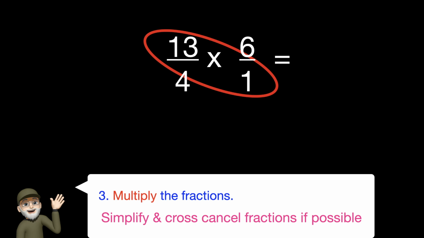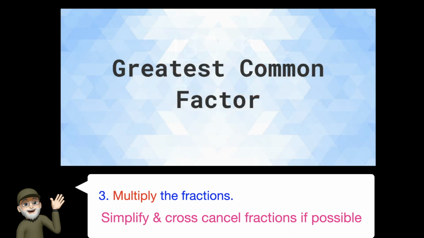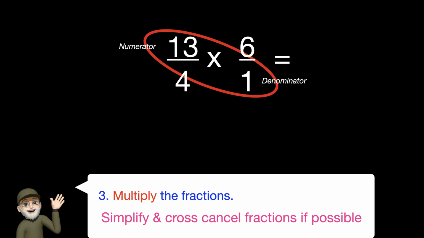So let's look at 13/1, which is our opposite numerator and denominator, and we want to find the greatest common factor of those 2 numbers. Well, the greatest common factor for 13 and 1 is just 1, which means that we're not going to change those because when you divide by 1, the number stays the same.